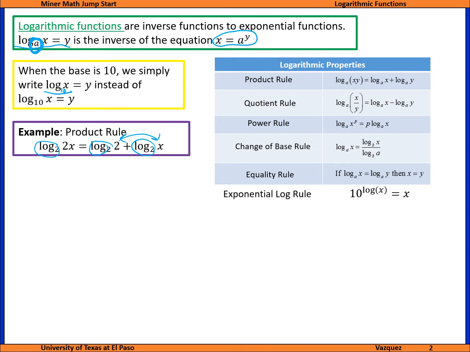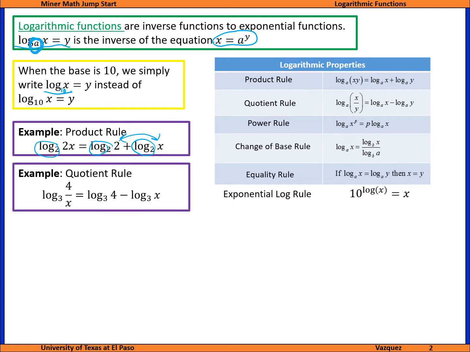So that's expanding. Quotient rule, same thing, but now it's with subtraction. For dividing 4 over x, we can separate those. Do log base 3 of 4 minus log base 3 of x. And again, that's coming from our quotient rule.